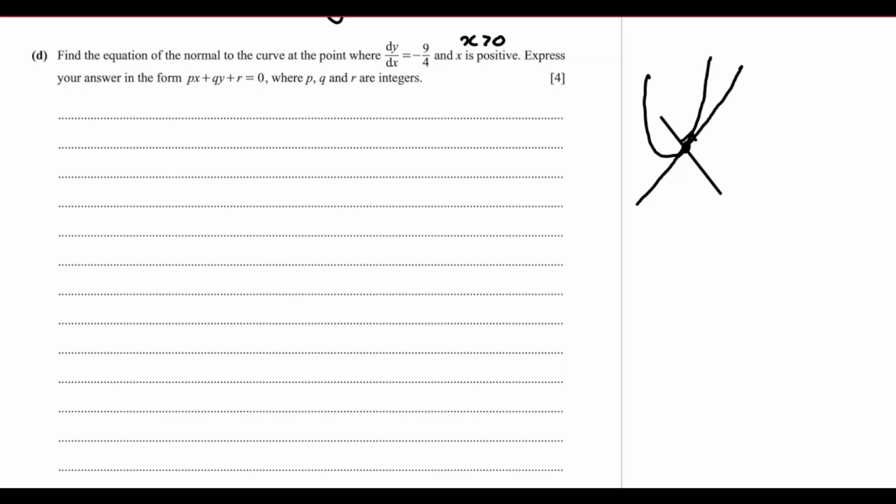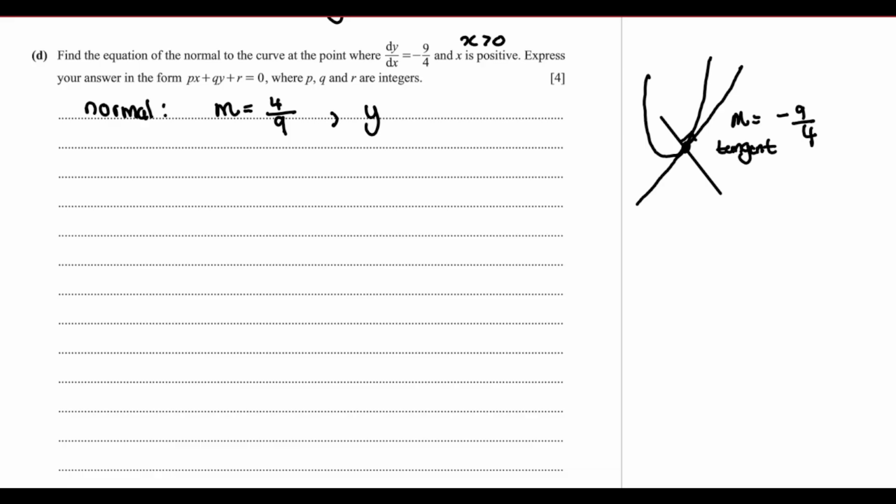Now, we are given the gradient of the tangent, because that's given by first derivatives. It's minus 9 over 4. That means for the normal, the gradient would be 4 over 9. Flip and change the sign.